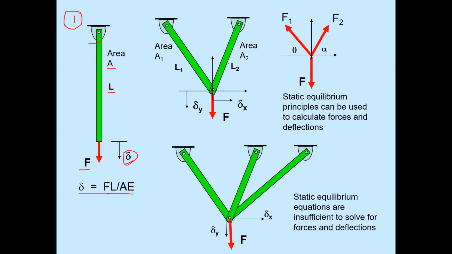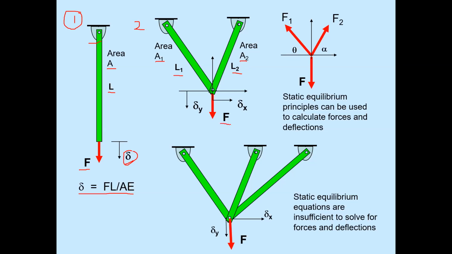Now, the second case. In this scenario, there are two members. First, with area A1, length L1. Second, with area A2, length L2. The force is acting at the joint of member 1 and member 2 in the downward direction.